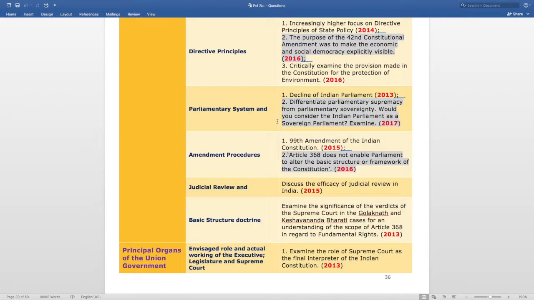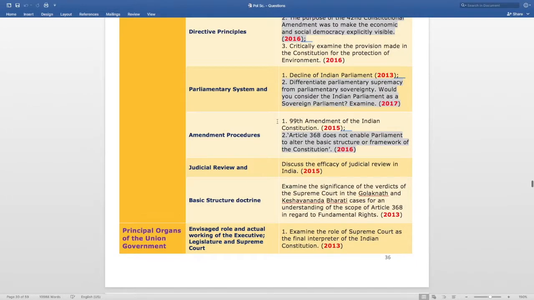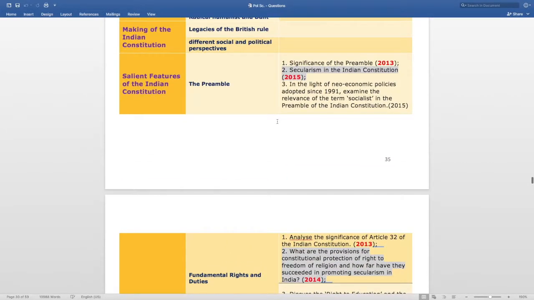So, just by looking at the number of questions from this topic, we can say that this is very important, not only for your optional subject, that is political science and international relations, but also for GS purposes. So prepare it thoroughly. Now check out the questions from this section.